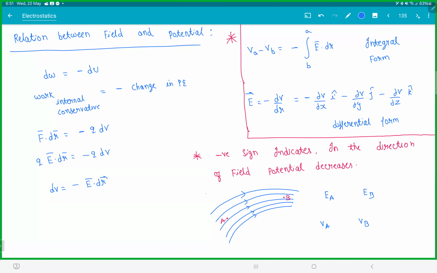They'll give a graph like this in the exam: who has more field and who has more potential. B has more field, because the definition of field is the number of lines per unit area. Who has more potential? A. Why? In the direction of field, potential decreases. This is a good JEE Mains and BITS level question. Have a look at this.